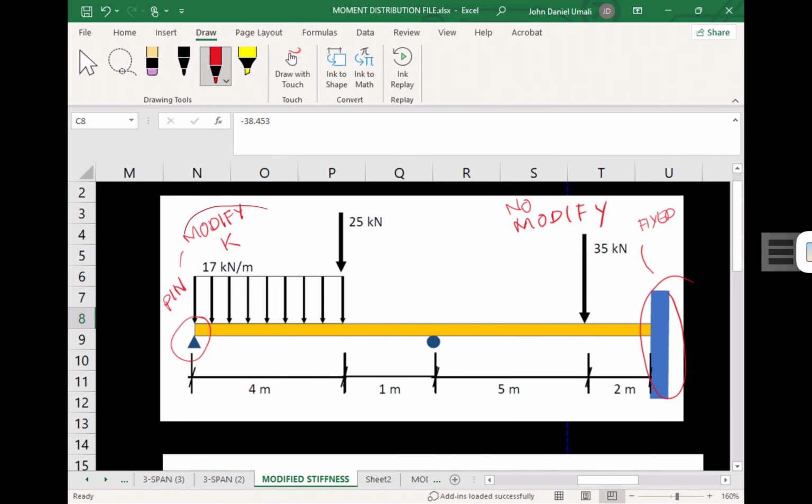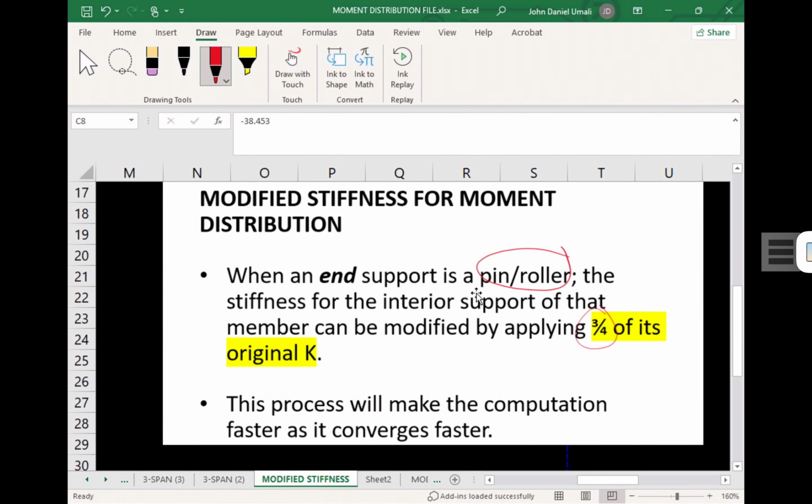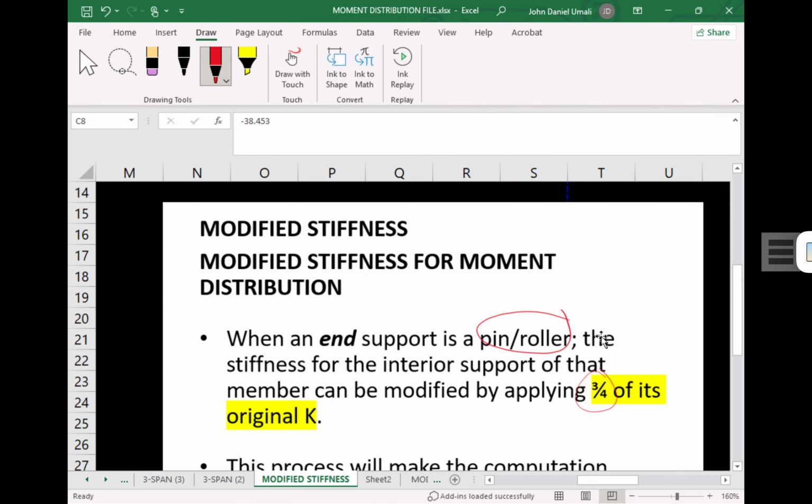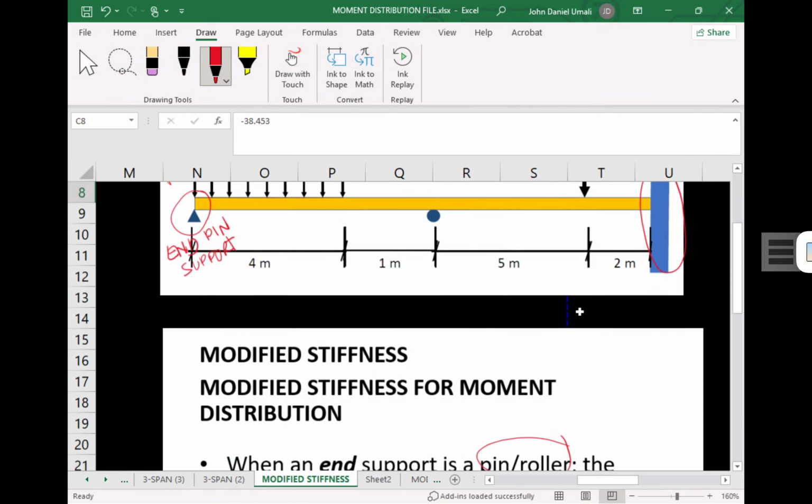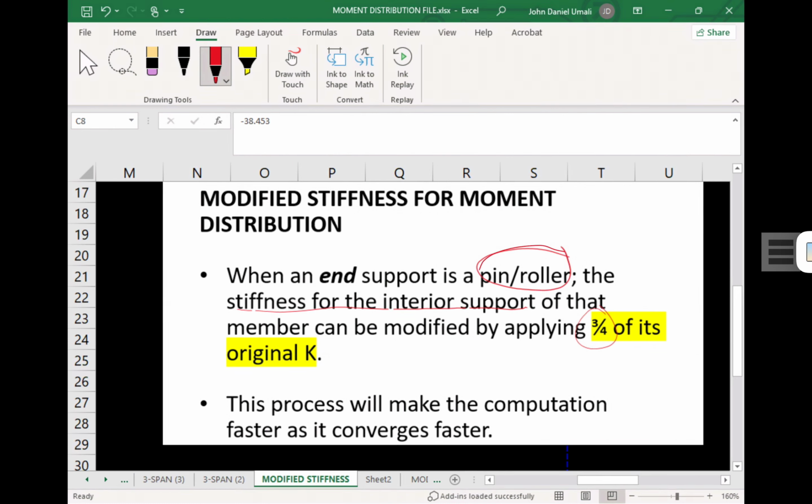So, sino yung modify natin na K? Nasabi dun sa ano natin, the stiffness of the interior support, okay, of that member. So, if this is the end support, apply daw natin yung modified stiffness sa pin, sa interior support of that member.